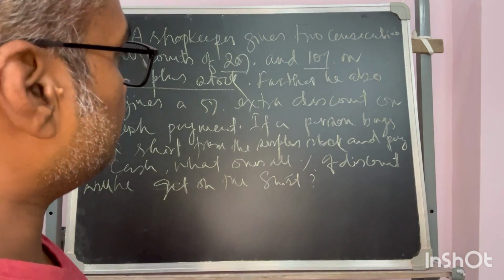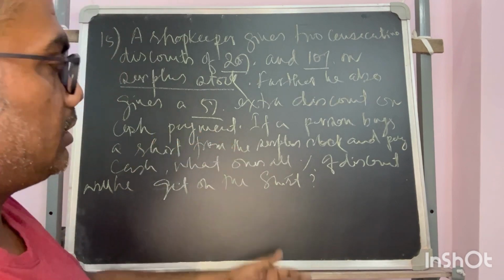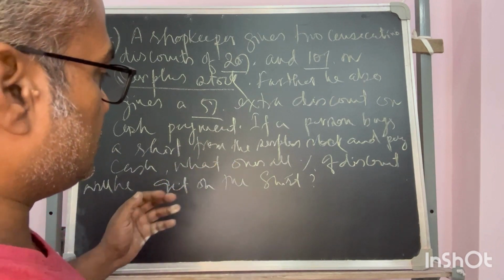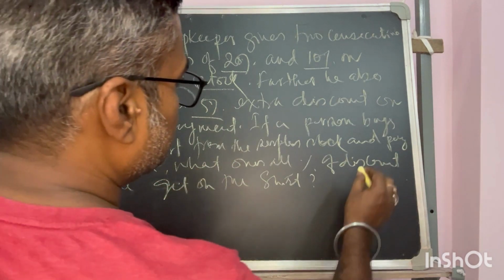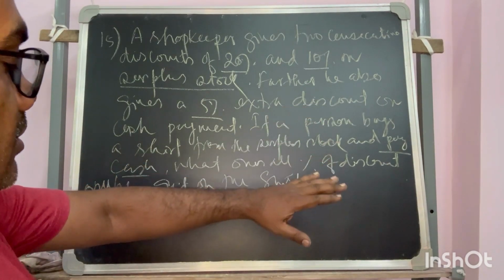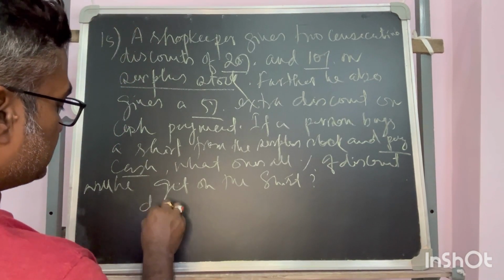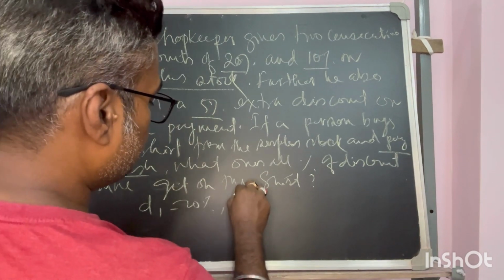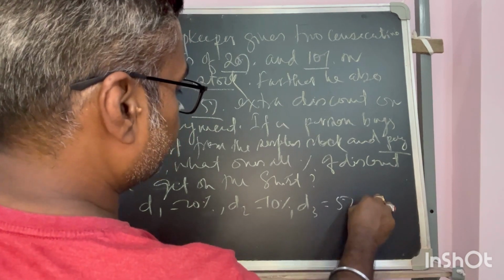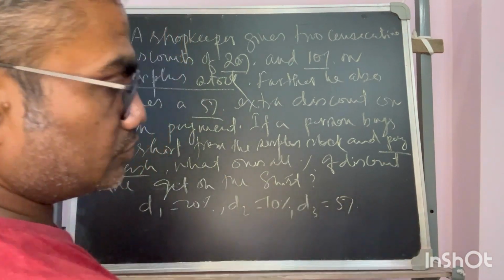Whatever mode he is paying, online or any other, he is getting the discount. The twist of paying in cash doesn't matter. Discount 1 is 20%, discount 2 is 10%, and discount 3 is 5%.